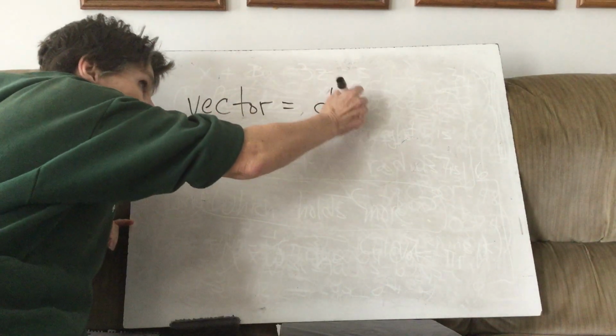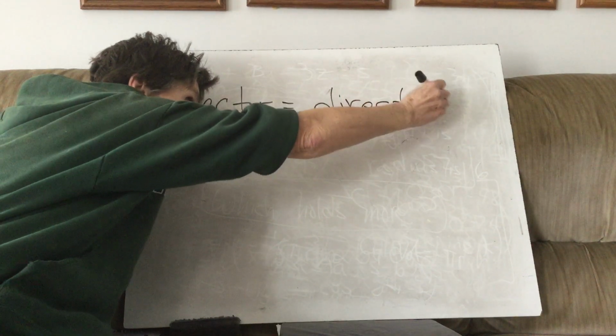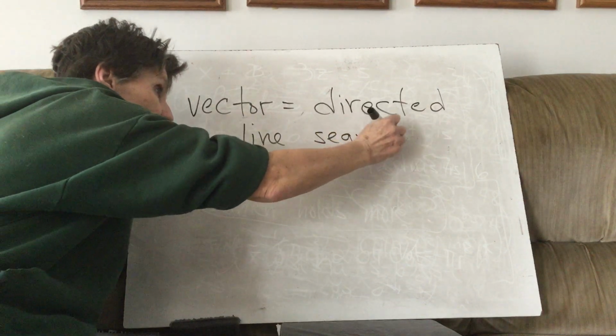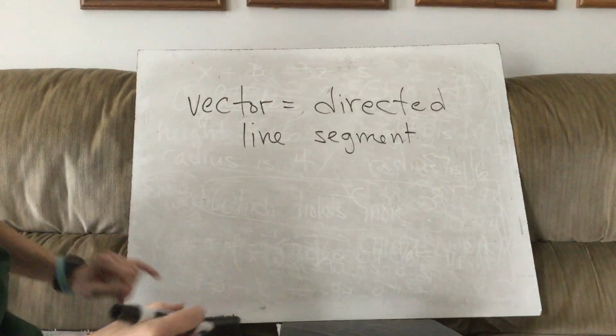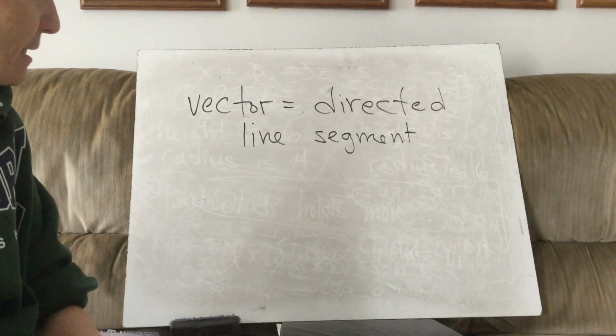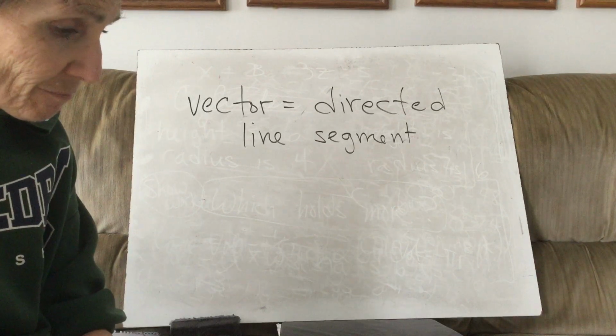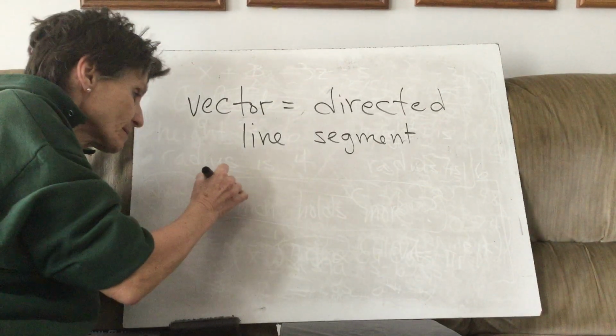A vector is a directed line segment. So when you think back to geometry, what a line segment is, this is like a line segment with direction. So there is a difference.